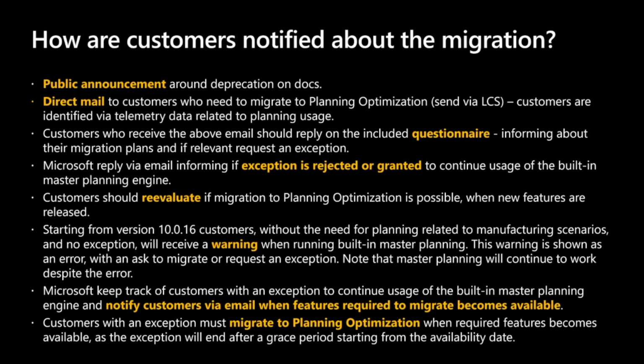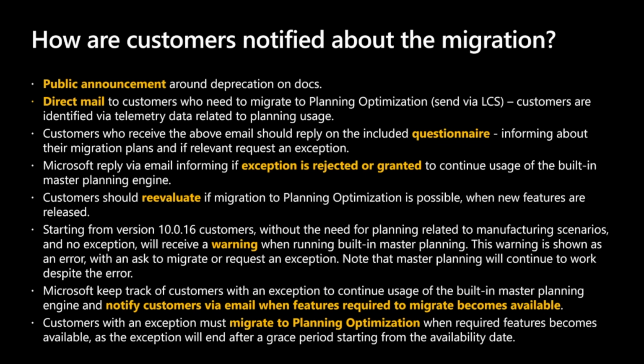And then basically, all customers should reevaluate if migration is possible when new features are released, in case they got the exception. We will also notify customers once the pending features are available. And then it's important to notice that from version 10.0.16, we introduced a warning.